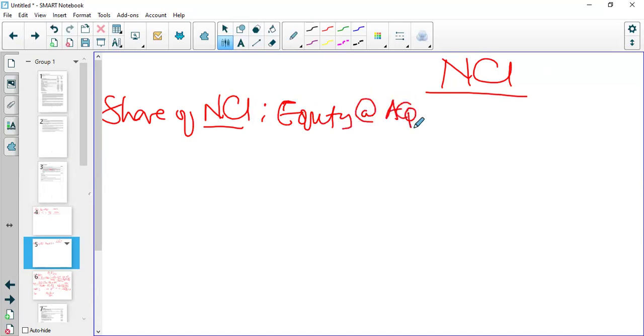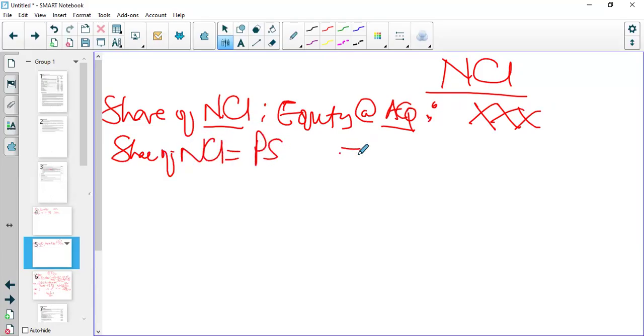The NCI will have a share in the subsidiary. We determine the subsidiary equity, then we determine the NCI share we're going to give it. That will be ordinary shares. Then we also have the NCI share in preference shares.